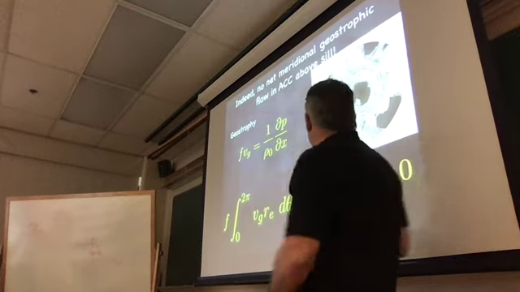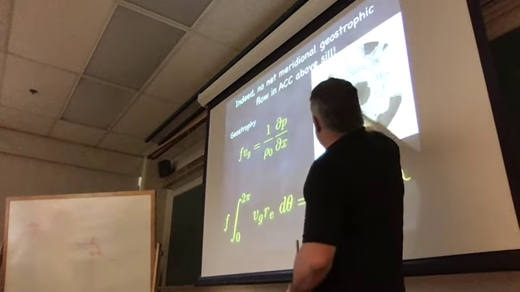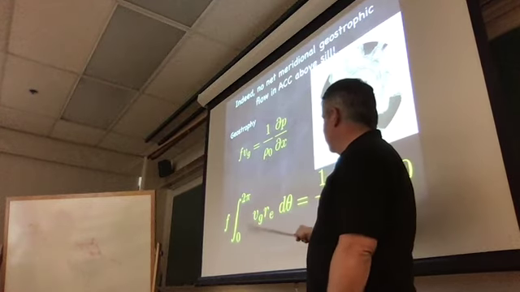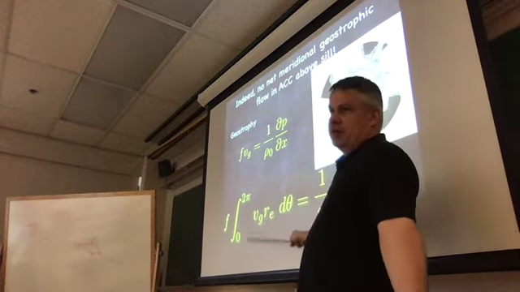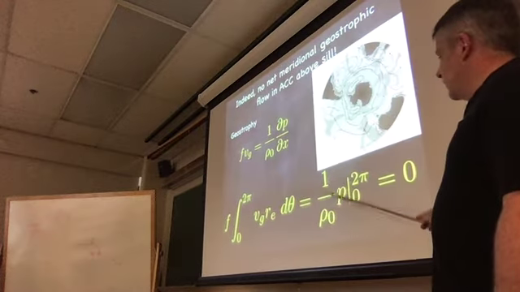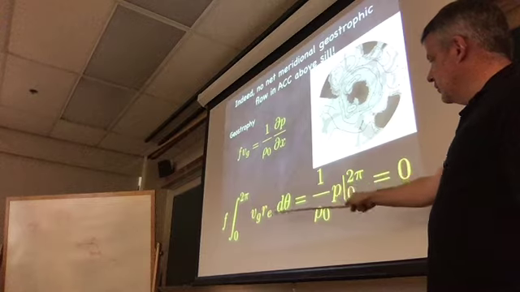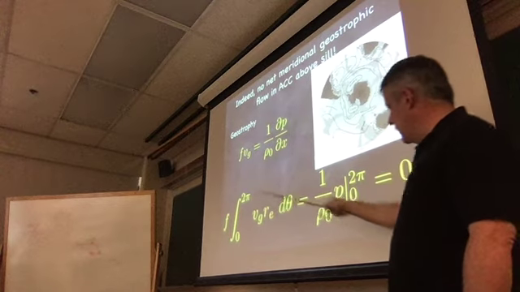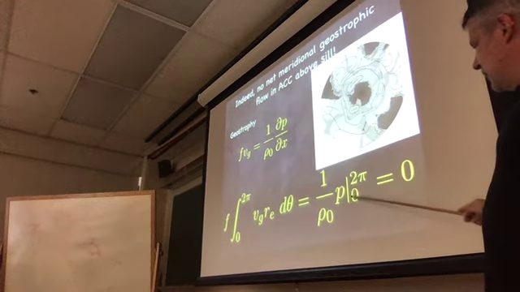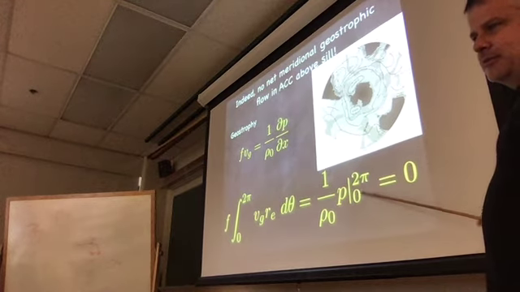There'd be a pressure gradient in the x direction, but I could always integrate this around the x direction, around 0 to 2π, going all the way around the Earth. And that would say that my net meridional flow would be 1 over ρ0 times the pressure evaluated at 2π minus the pressure evaluated at 0, which is 0.